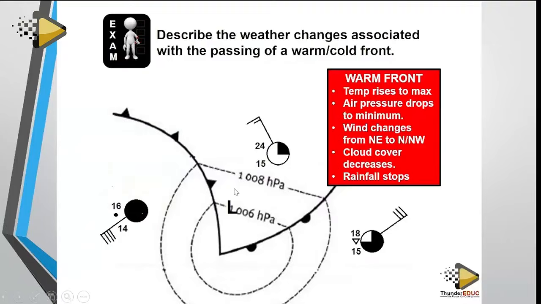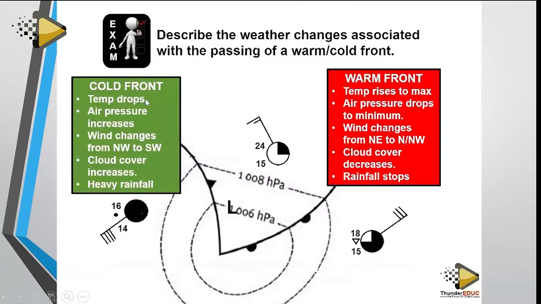So what happens when the cold front passes? Number one, temperatures will drop and air pressure will increase. Remember, temperature and pressure are inversely proportional. When temperature drops, the air becomes heavier, and when the air becomes heavier, it subsides, and subsiding air creates high pressure. And then wind will change direction because of the clockwise circulation of air.